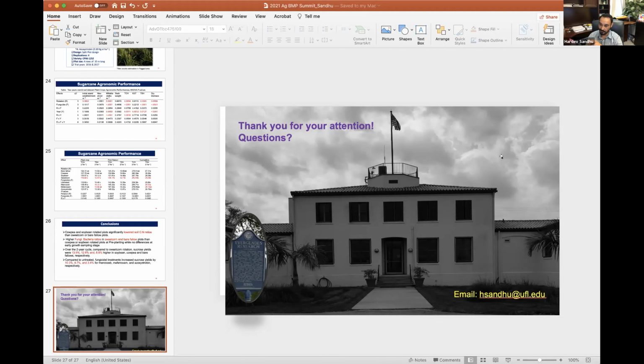We are going to include energy cane as a buffer crop or in the marginal areas, mainly to evaluate its ecosystem services. That includes its effect on water quality, soil quality, and even the overall production of the commodity crops.